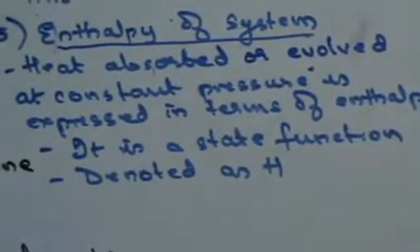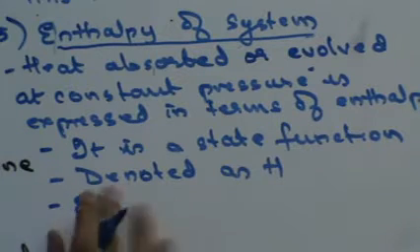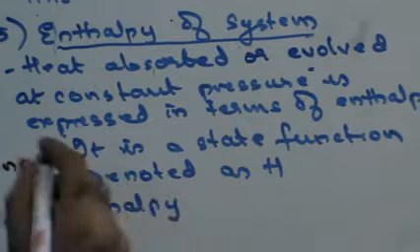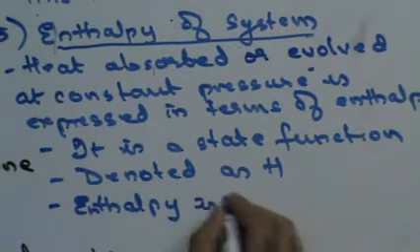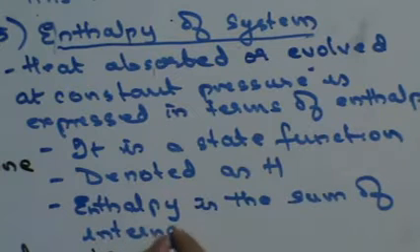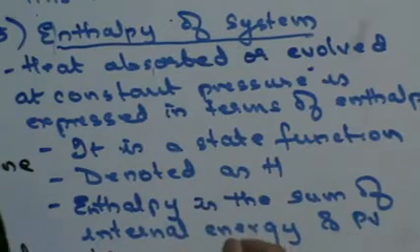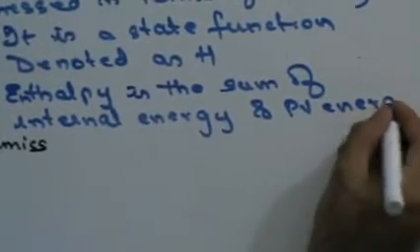Now, enthalpy is the heat energy absorbed, and Q also stands for heat energy absorbed. So I can say that enthalpy is the sum of the internal energy and the pressure volume work, or pressure volume energy.